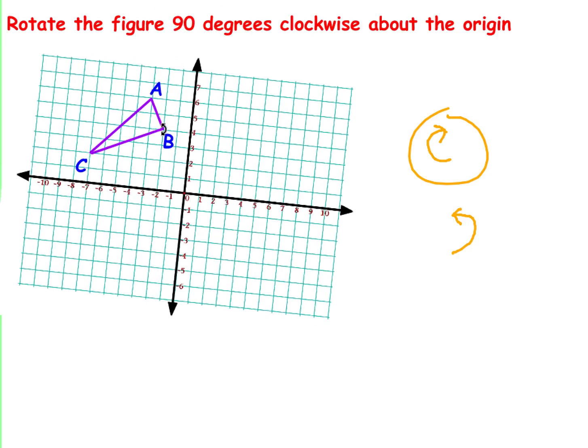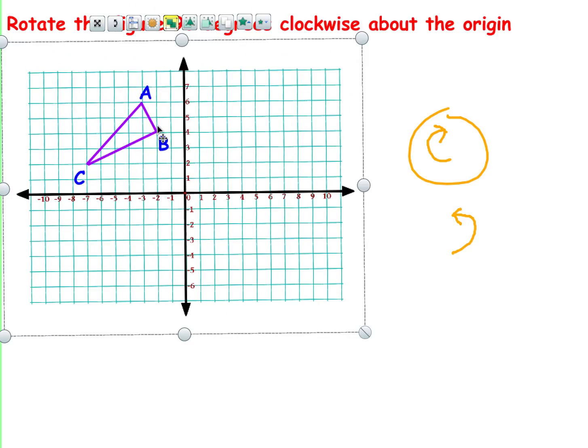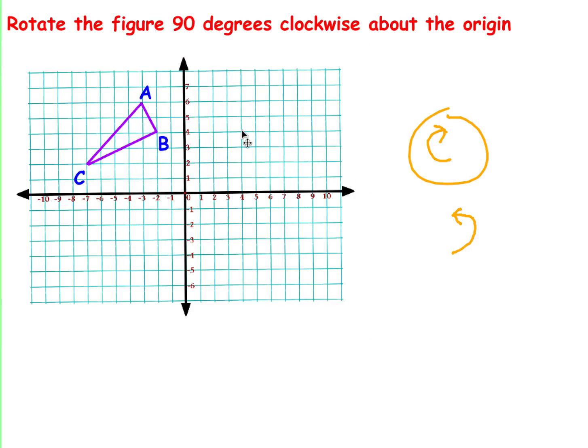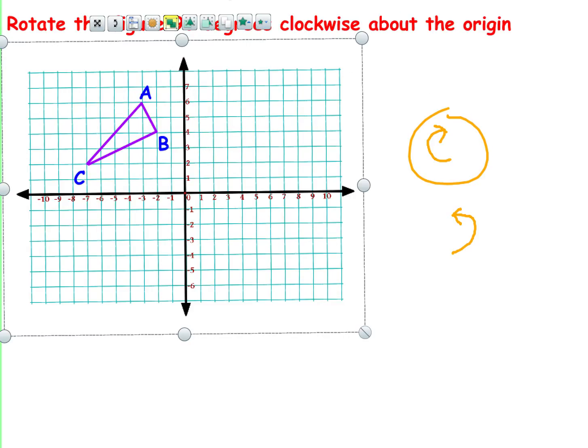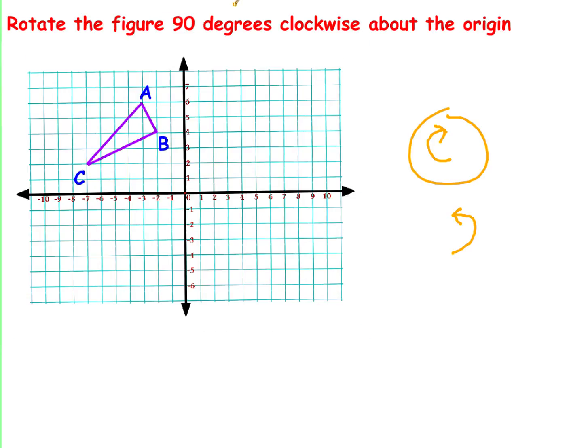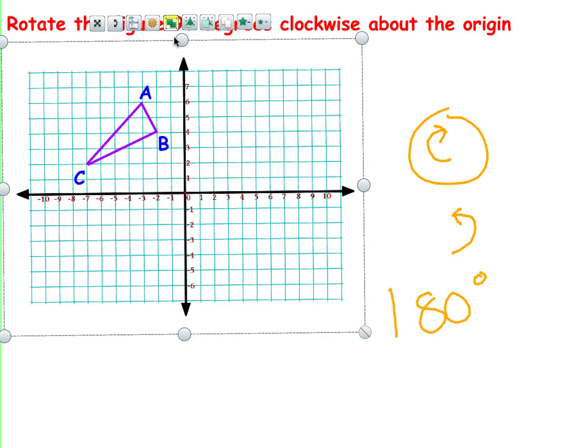Now I need to rotate it 90 degrees. So let's talk about how much 90 degrees is and how much 180 degrees is. All the way around a circle is 360 degrees, so halfway around a circle is 180 degrees.